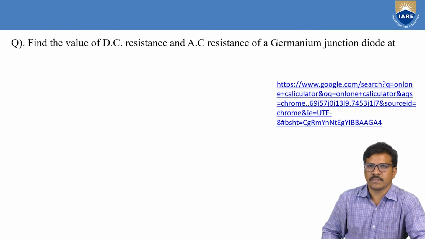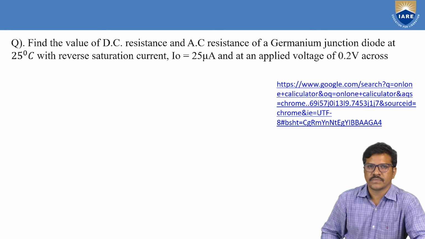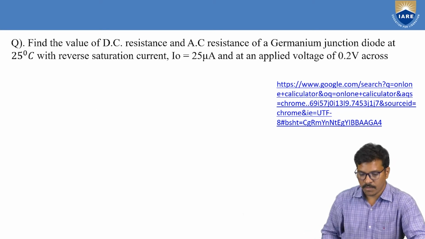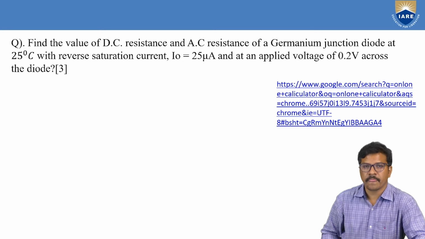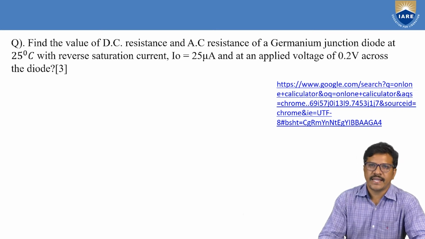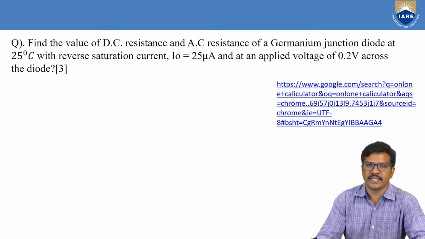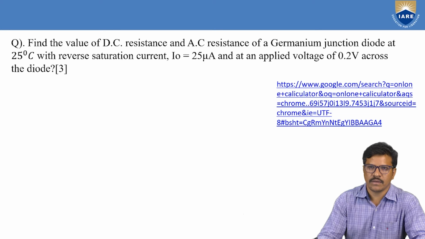Now let us see some problem. Find the value of DC resistance and AC resistance of a germanium junction diode at 25 degrees Celsius with reverse saturation current I0 equal to 25 microampere and at an applied voltage of 0.2 volts across the diode.